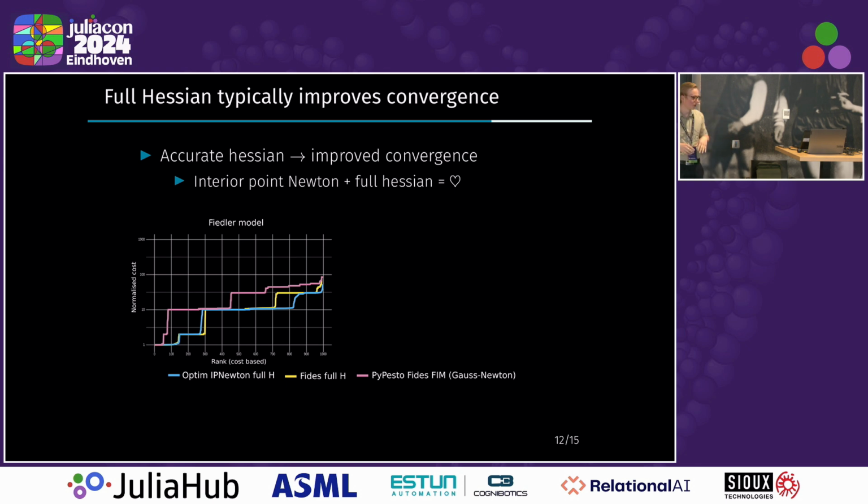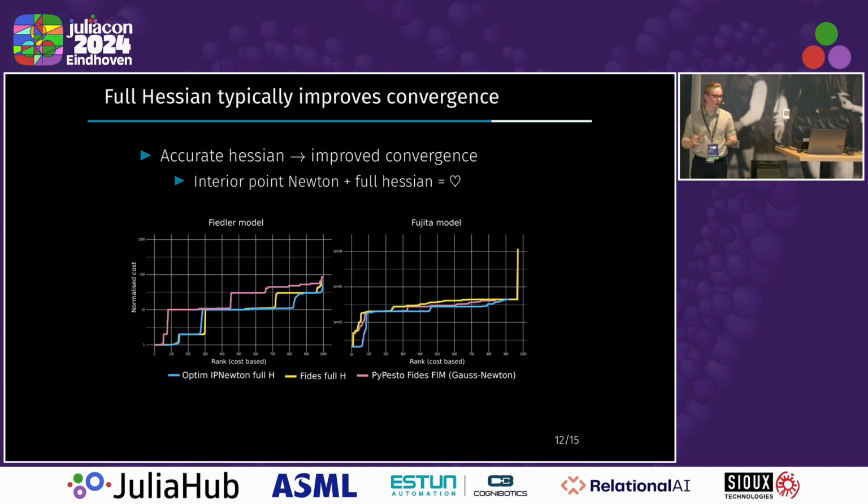Some people might argue in this case that maybe we don't need a full Hessian because we still have sufficiently good performance. However, for some models, it can actually make quite a considerable difference, as we can see here for the Fujita benchmark model.